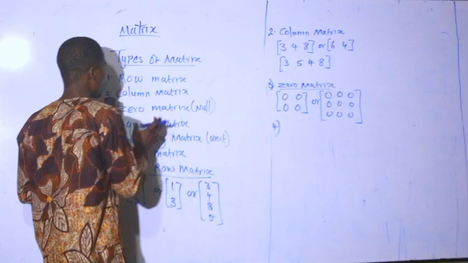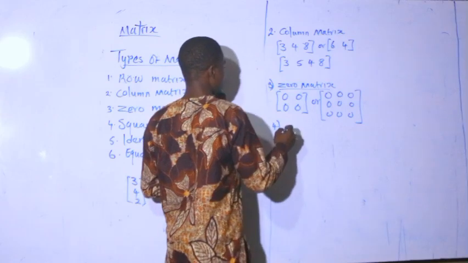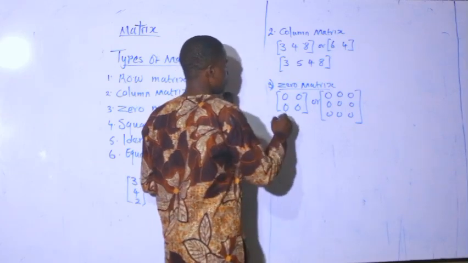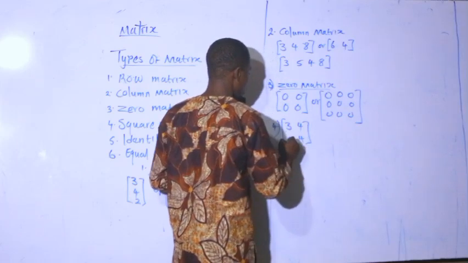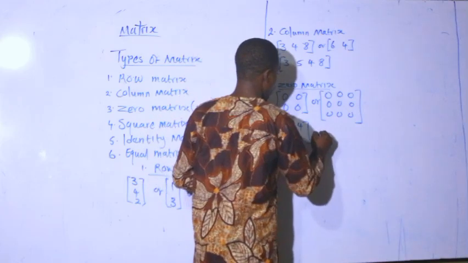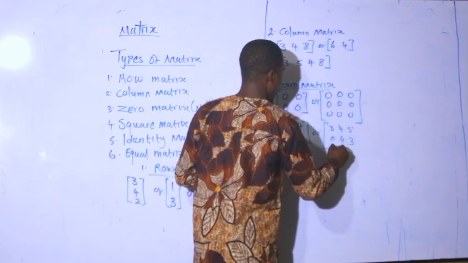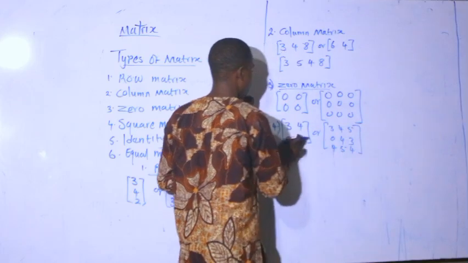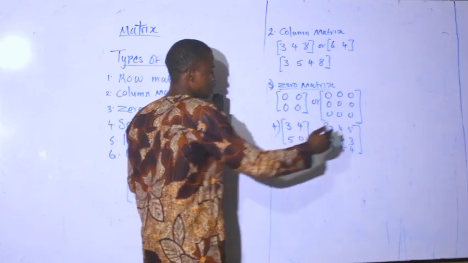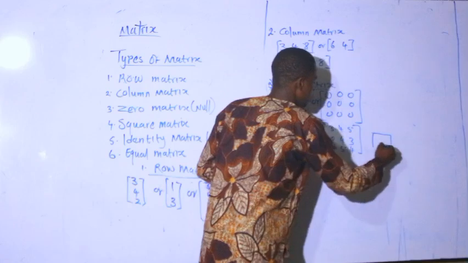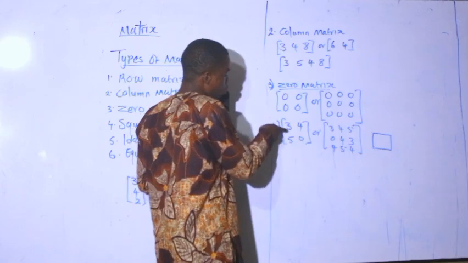Number 4 is called square matrix. The square matrix can be any form, 3, 4, 5. Look at this, the shape. The square matrix, any number can represent, but it will be like a square. The column and the row will be the same thing. How many columns? 1, 2.